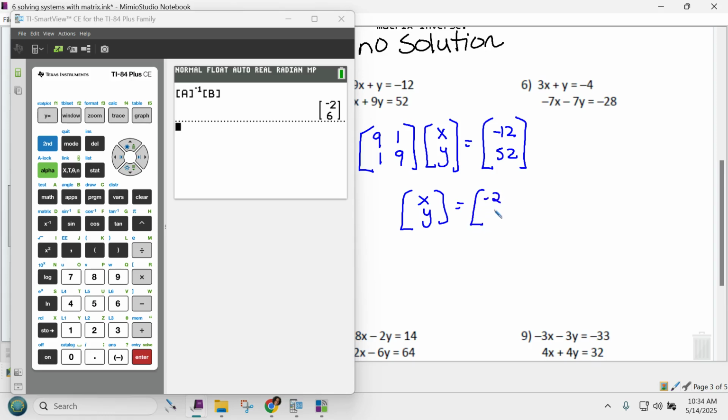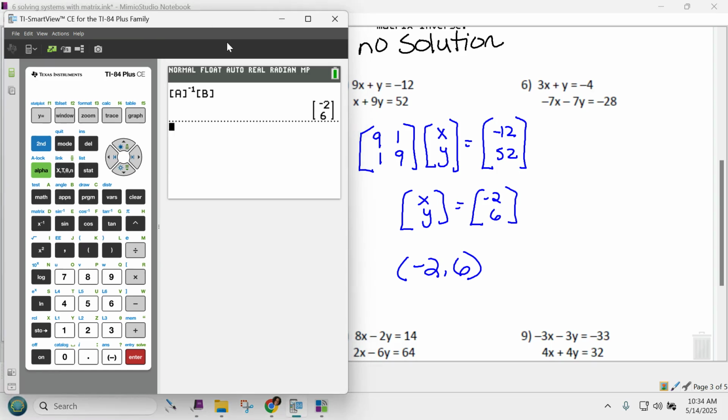the point -26. Since we're solving a systems of equations, your answer can't be a matrix. Your answer is going to be the point -26. That's the point the two lines intersect.